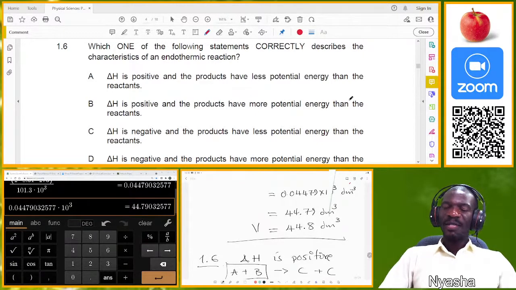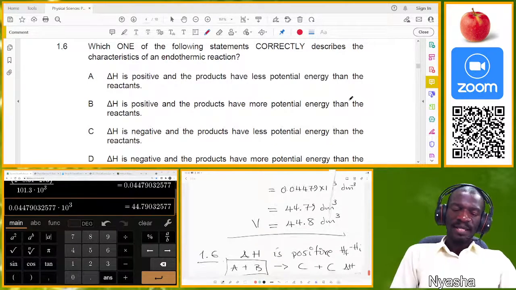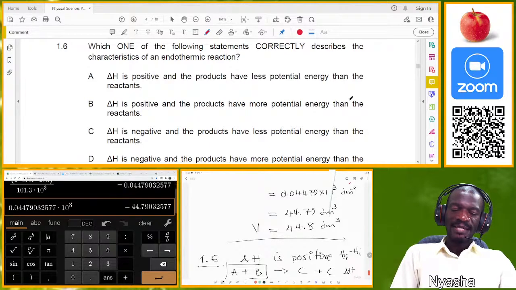So when we look at delta H, this is our H final minus H initial. That's our change in the heat supply to this process. Remember, here the reactants are at a temperature H initial.